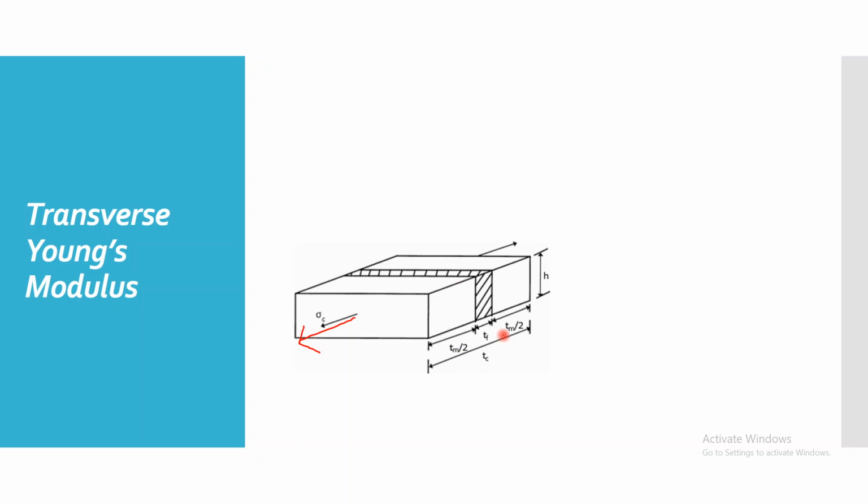After that, all the notations are similar to the previous derivations, where H represents the thickness, TF represents the thickness of the fiber, TM represents the thickness of the matrix, TC represents the thickness of the composite, and sigma C represents the composite stress, the stress developed in the composite.